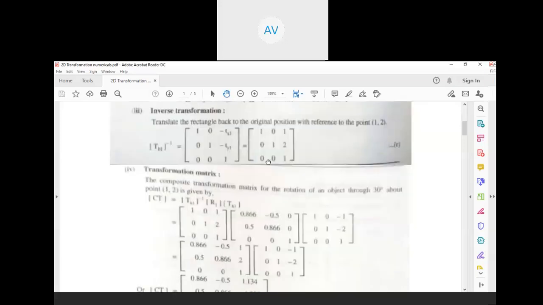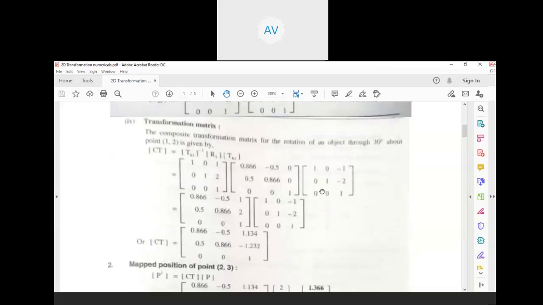Now we will find the composite transformation matrix. First step translation, then rotation, then inverse translation.